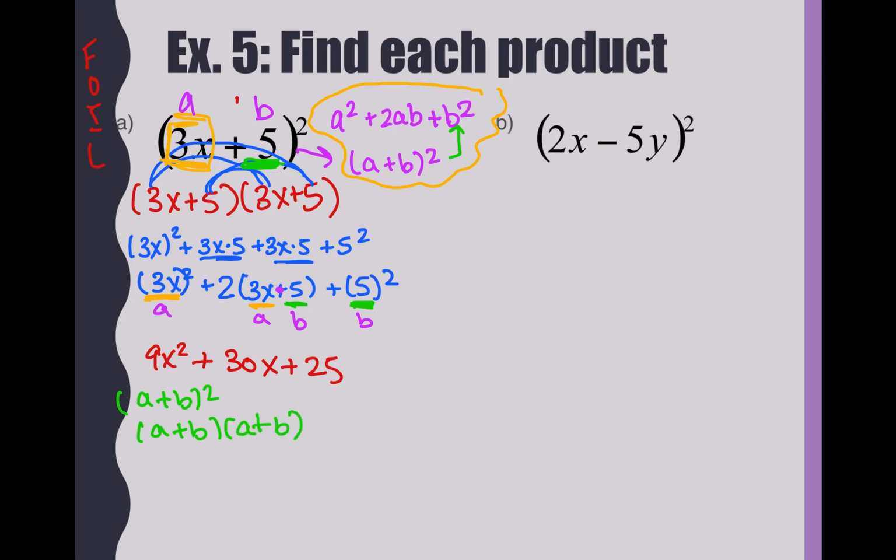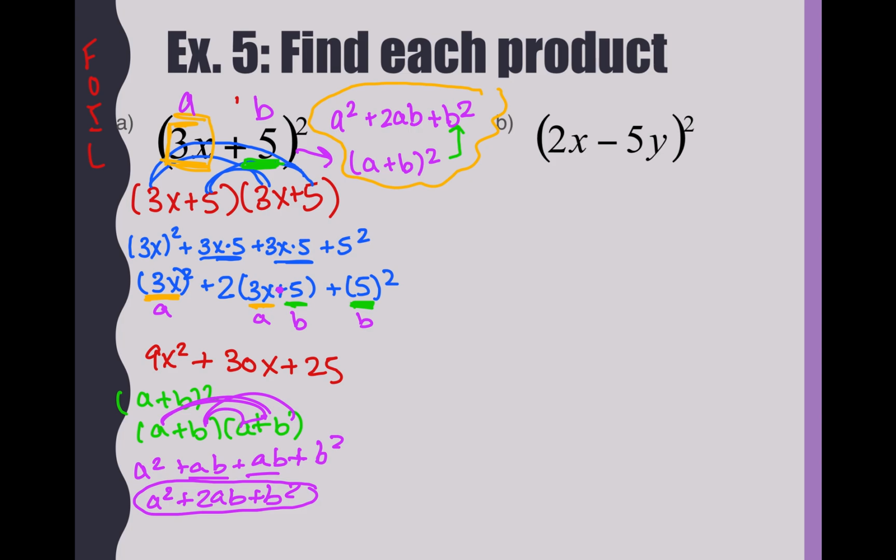Well, first, it's a squared plus outside is ab, inside is ab, and last is b squared, which is a squared plus 2ab plus b squared. That's how I get there. But this is just a quicker trick, because it ends up being a lot quicker than expanding it and FOILing.